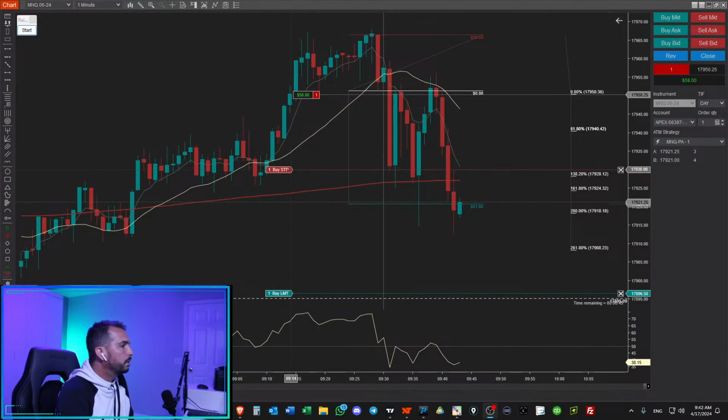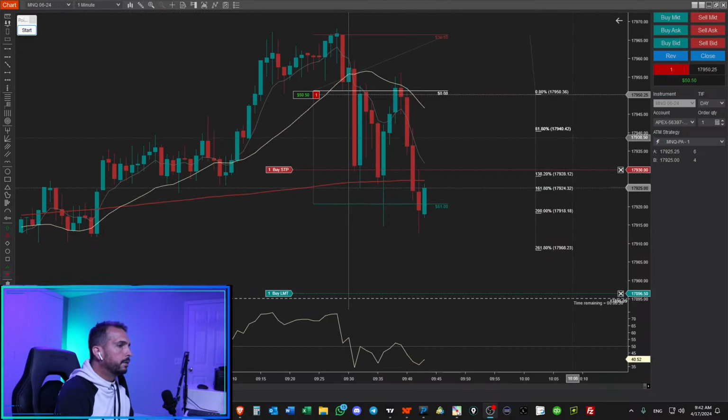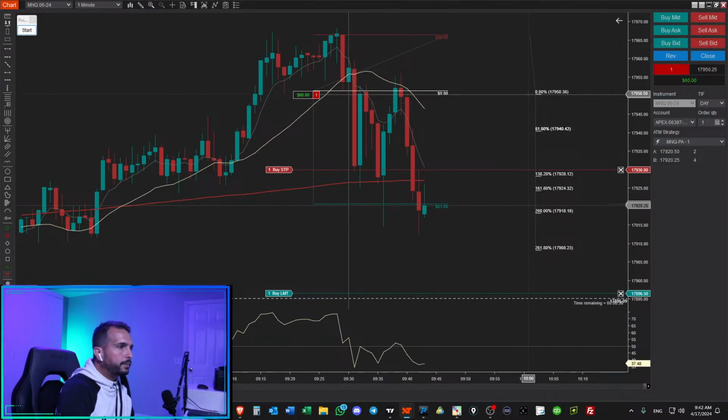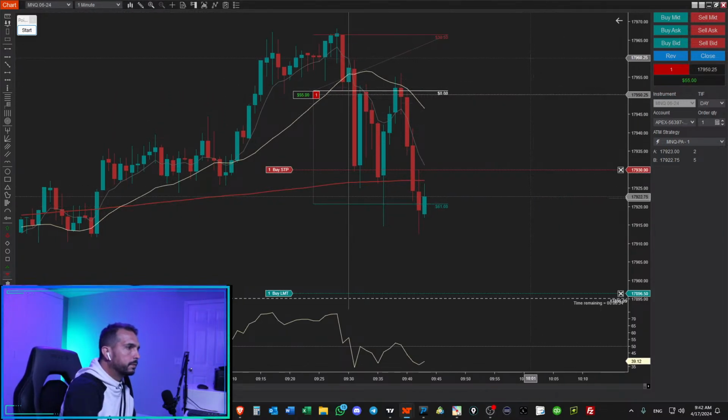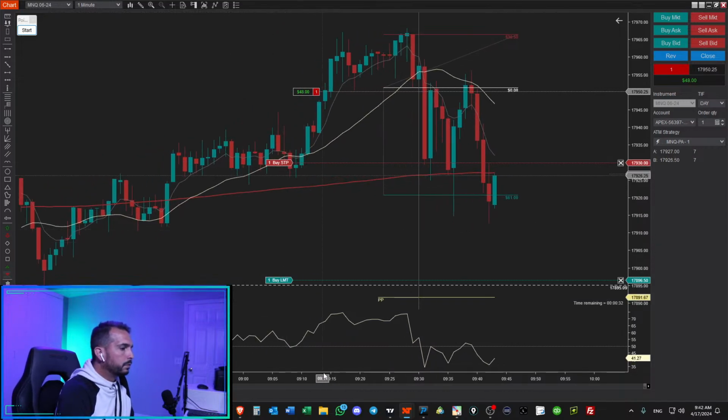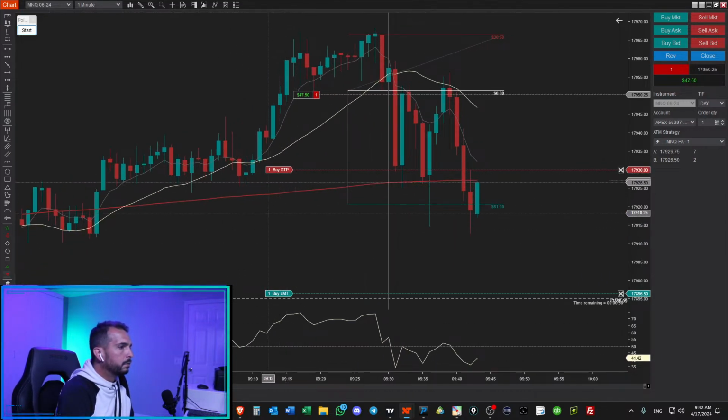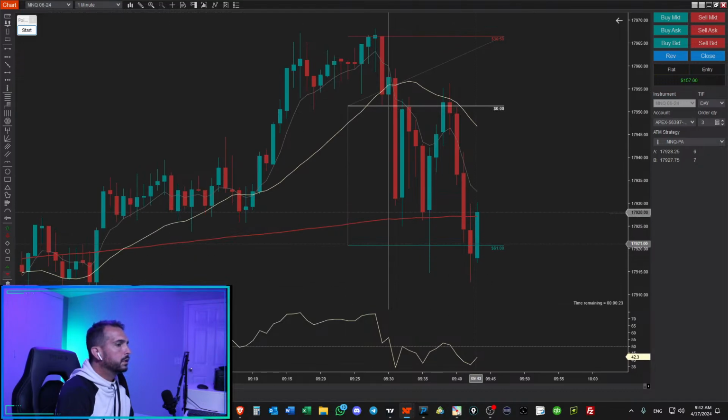So I moved the stop now to the top of this candle on the 200. Stopped out, got a little profit. 157 on the day on that account.